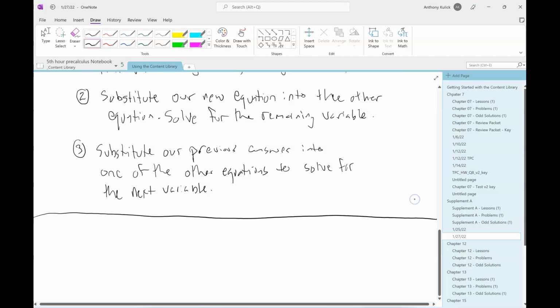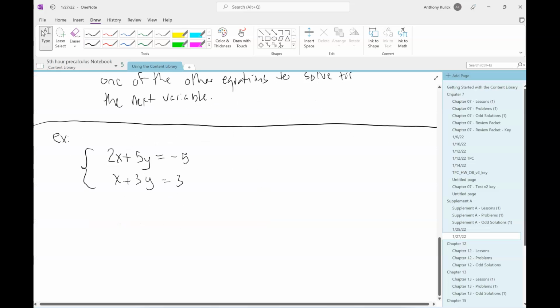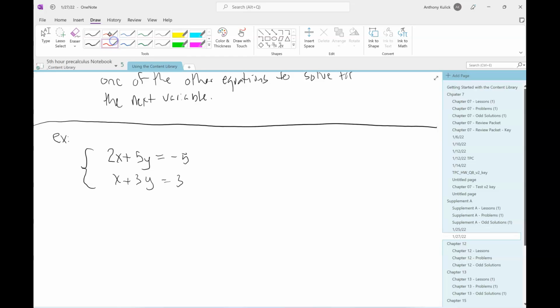So let's just roll through an example here. Let's say that we want to solve the system 2x plus 5y equals negative 5 and x plus 3y equals 3.